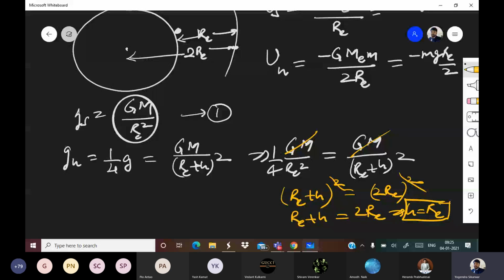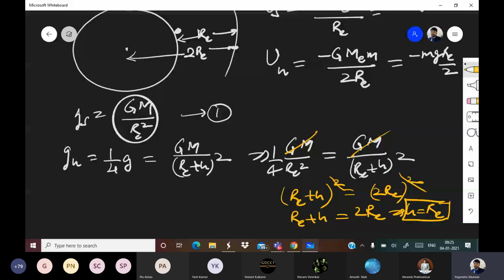So the question says a 2 kg body and a 3 kg body are moving along the x-axis. At a particular instant, the 2 kg body has a velocity of 3 meters per second and the 3 kg body has a velocity of 2 meters per second. The velocity of the center of mass at that instant is (m1 v1 plus m2 v2) upon (m1 plus m2).